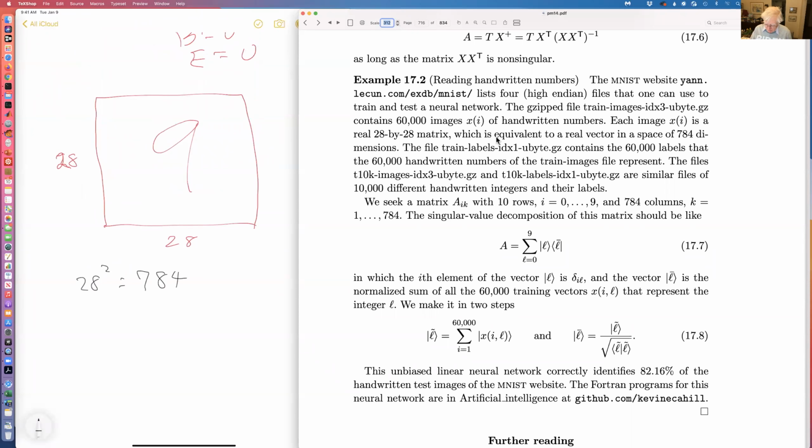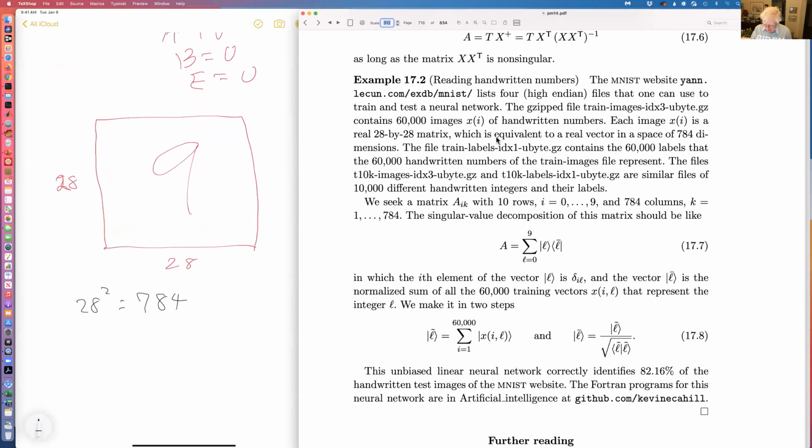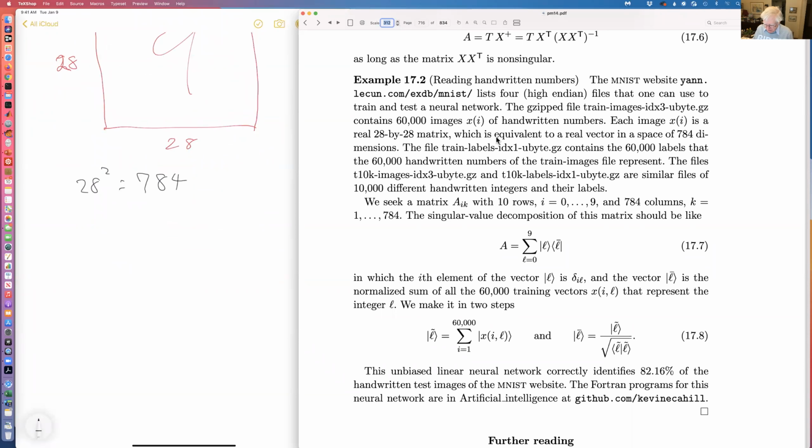They are represented as these 28 by 28 images and vectors in 784 dimensional space, nearly 800 dimensions.